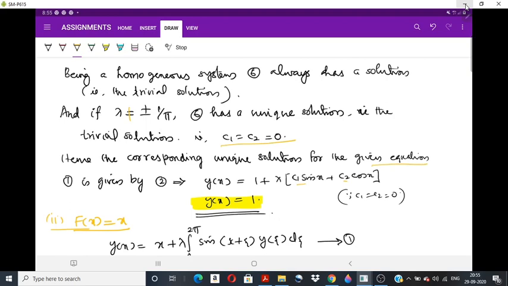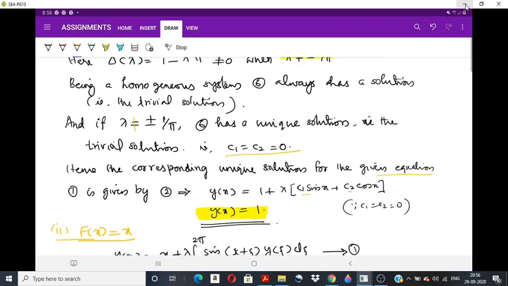So, in the non-homogeneous equation y of x plus lambda integral 0 to 2 pi sin of x plus theta y theta d theta equal to f of x, when f of x is equal to 1 and lambda is not equal to plus or minus 1 by pi, then the general solution is given by y of x equal to f of x, which we already discussed in the theory.